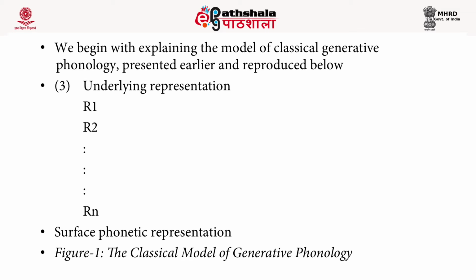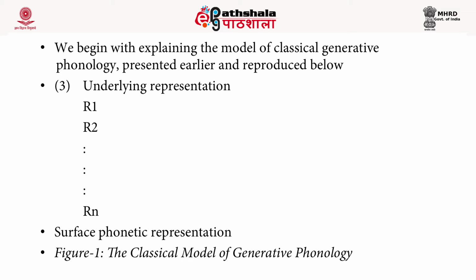That means that the two are different words, but we know that for the native speaker of English and those who speak English even as a second language, somehow the word divinity and the word divine are related to each other. So the notion of underlying representation was essentially to capture the relatedness between such forms.